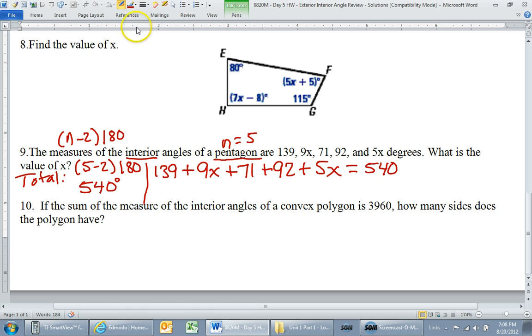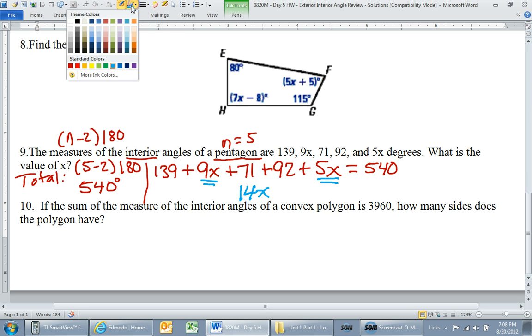Okay, now it's time for like terms. So for example, 9x and 5x go together and make 14x.